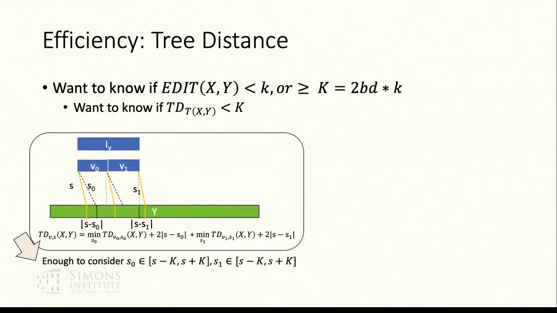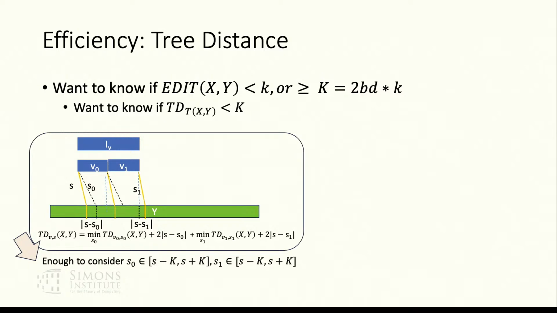It gives you some approximation for edit distance, but how efficiently can you compute it? So first of all, I said that our main goal here is to know whether my edit distance is, say, below small k or above capital K, where capital K is this approximation BD times k.